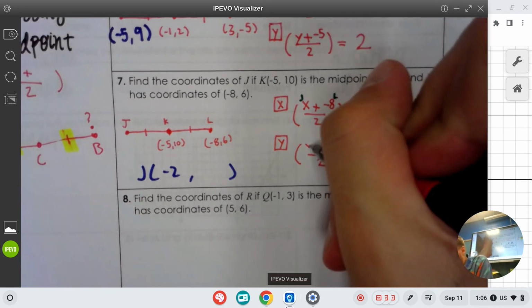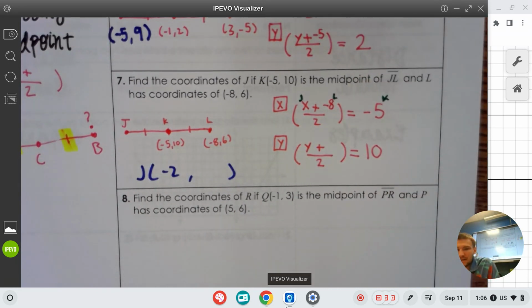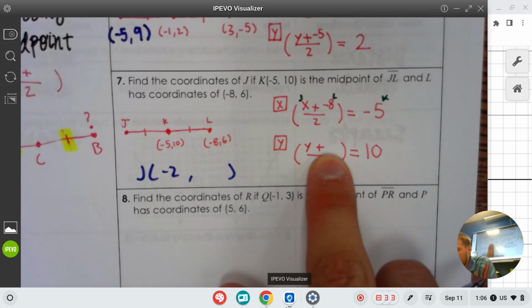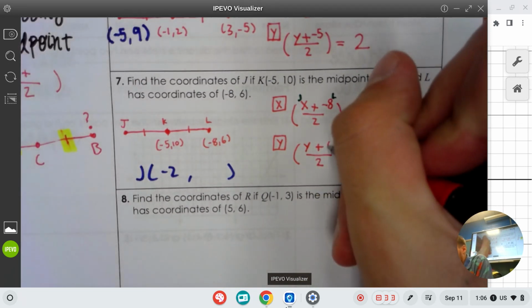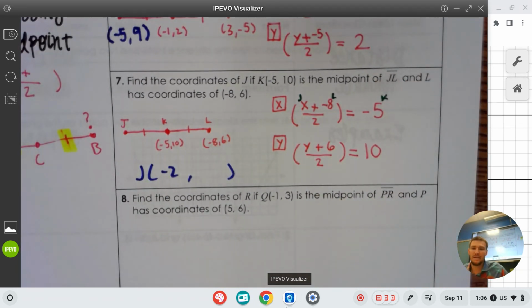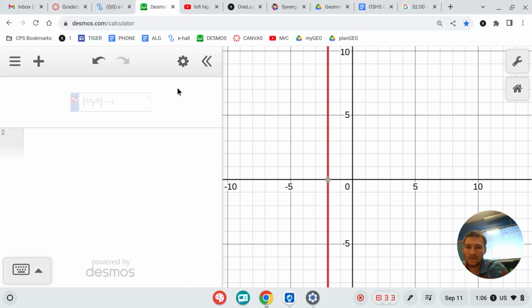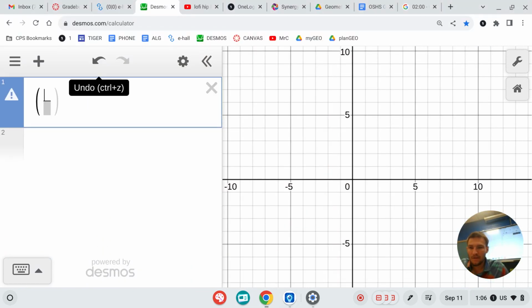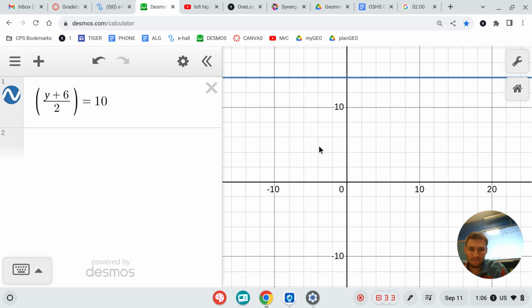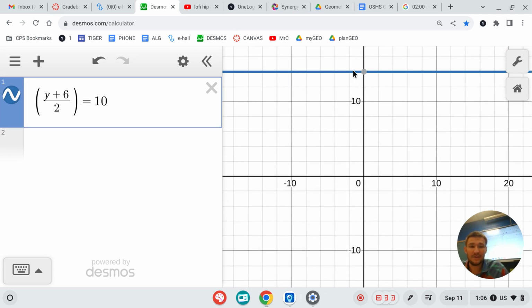The J, I don't know what the J is. What number should go for the L? 6. Yep. Then we type it in, and then we're done with the question. We're going to have y plus 6 divided by 2, and that's going to be equal to 10. Oh, had to scroll out a little bit, had to zoom around a little bit, but I found it. 14.